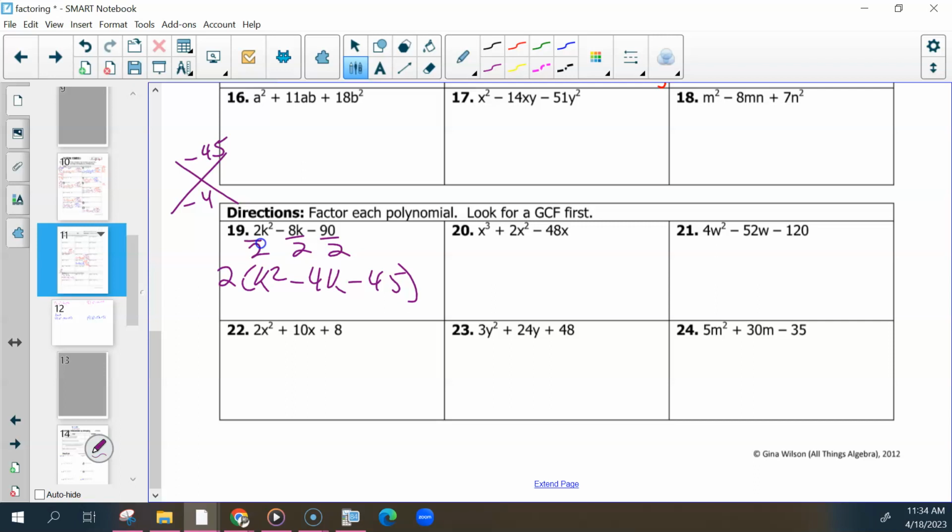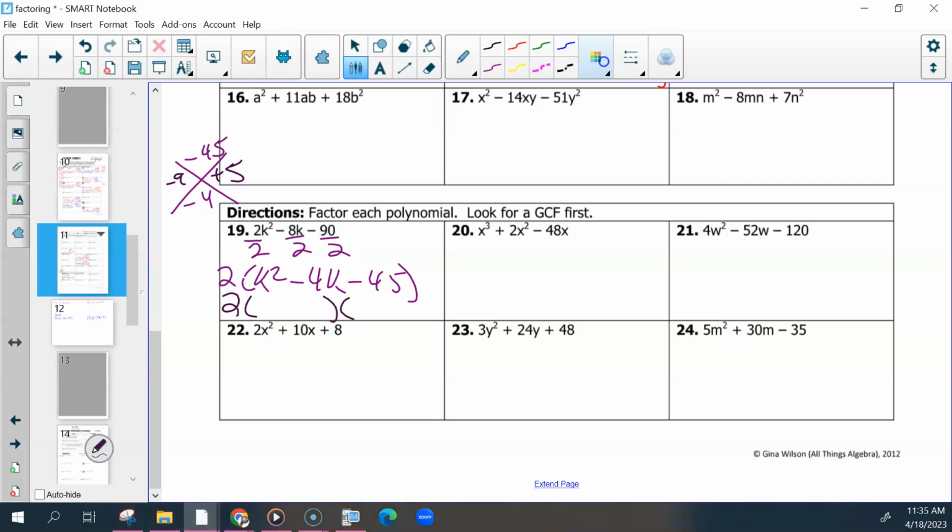Are there two numbers that multiply to be negative 45 and add to be negative 4? 5 and 9 are the answers, but you just switch them. So negative 9 and positive 5.